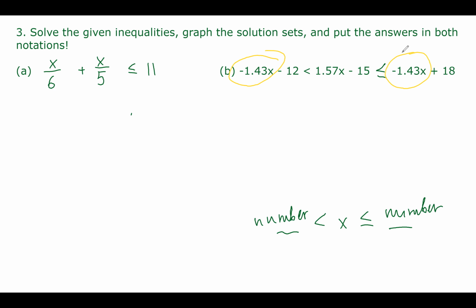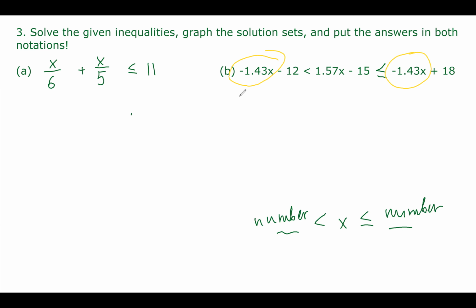But since they're the same, what I will do in this case is add 1.43x to all three sides. This will eliminate the x from here, and it will be only in the middle. So that's the strategy for this type of problem.